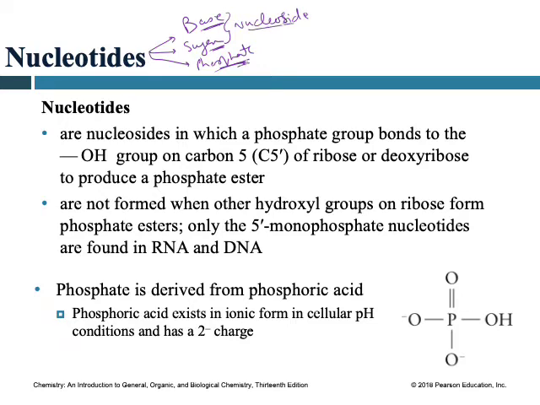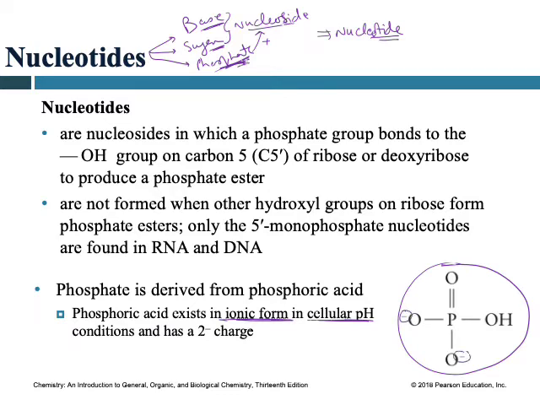So if I join a phosphate group with a nucleoside, we're going to make a nucleotide, right? So this is your phosphate group, right? And it is present in ionic form at cellular pH. Whatever the pH of the solution that we have within the cell in a living organism, phosphate is present in ionic form. If you can see, this is negative negative, and you have a phosphate, PO4 2 negative, right?